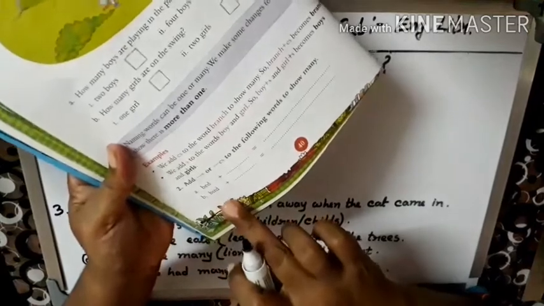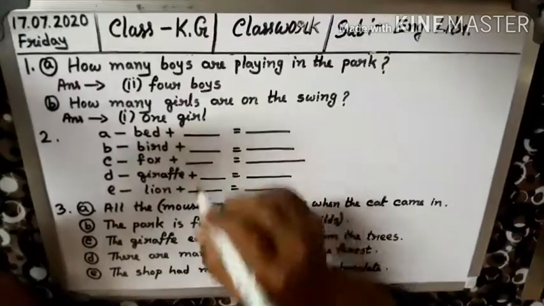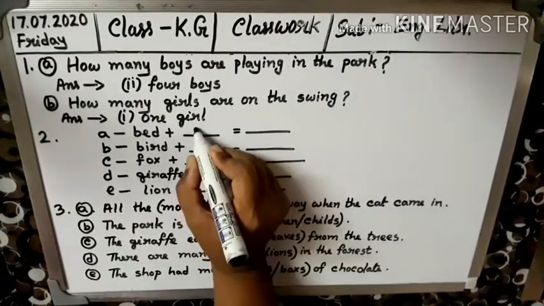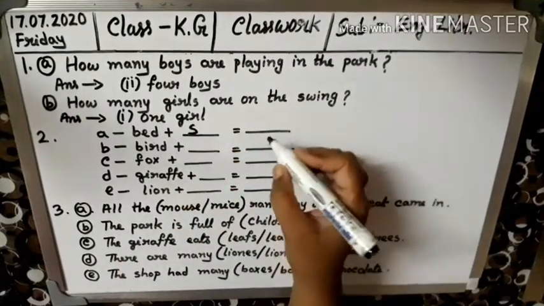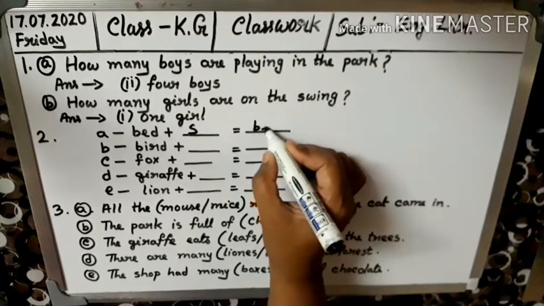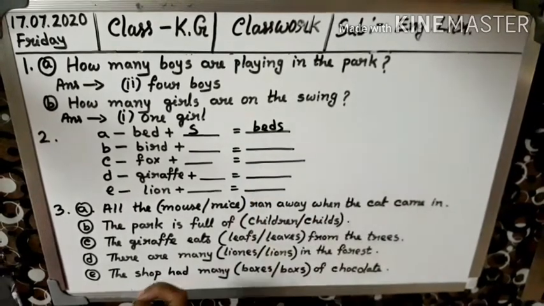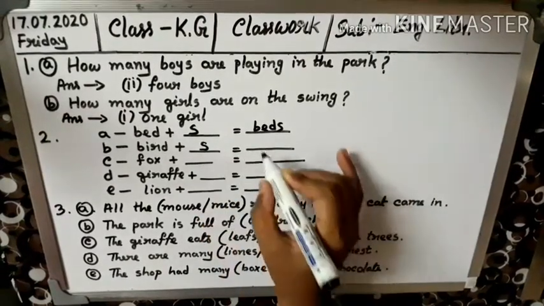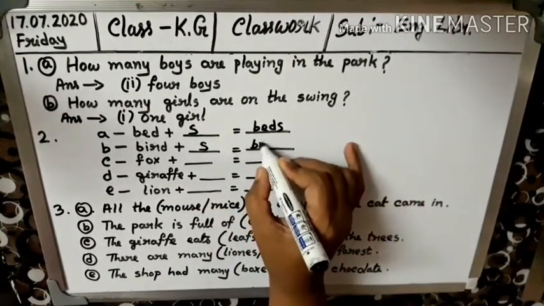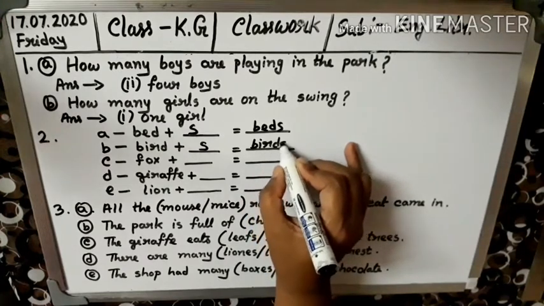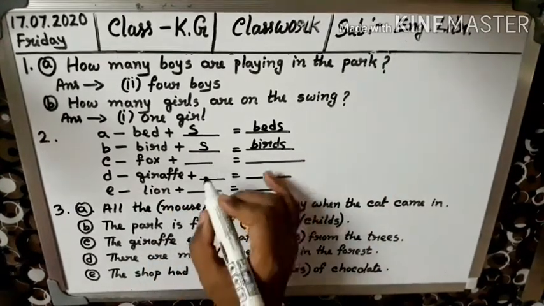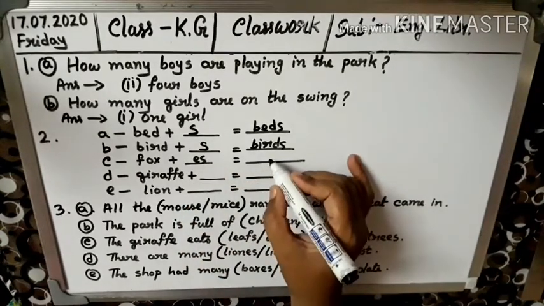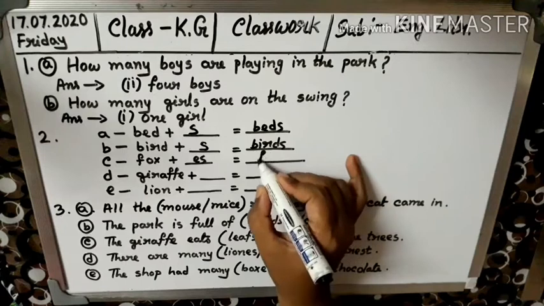Bed, add S. So, write here B-E-D-S, beds. Bird, add S. B-I-R-D-S, birds. Fox, add E-S. Write foxes.